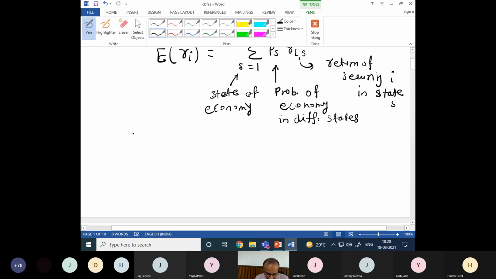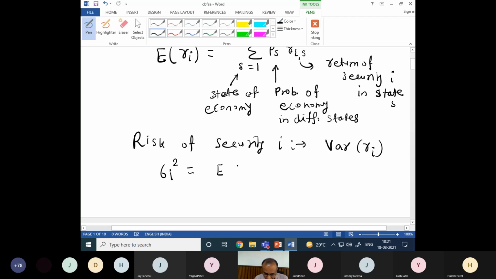Then the risk of security I is modeled by variance. It is the variance of the return associated with security I, denoted by sigma I square, which is the expected value of Ri minus E of Ri, whole square.